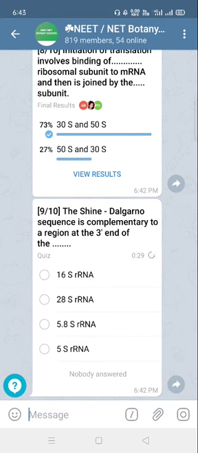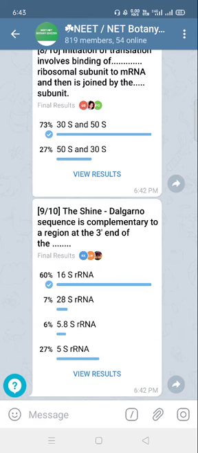The Shine-Dalgarno sequence, or ribosome binding site, is complementary to a region at the 3' end of the 16S rRNA. So in my views, it is option A.